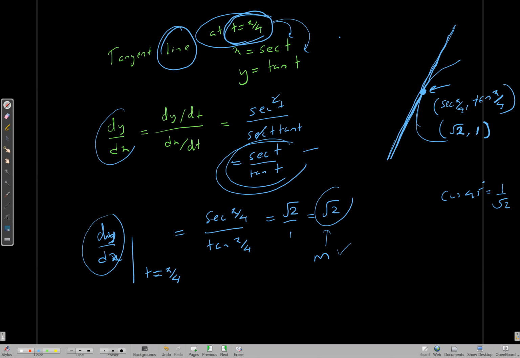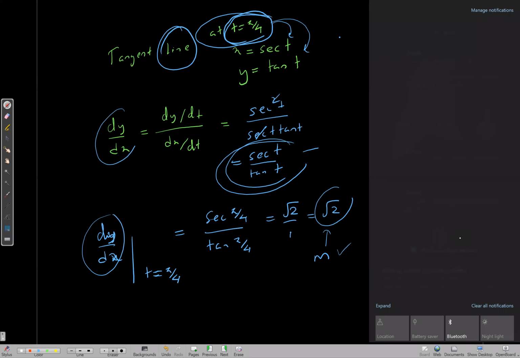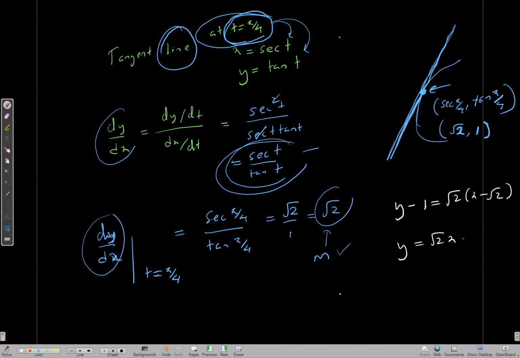Now we are almost done because y minus 1 equals the slope, which is root 2, times x minus root 2. So you get y equals root 2 x, root 2 into root 2 is 2, so negative 2, and then plus 1, you get negative 1. This is the equation.